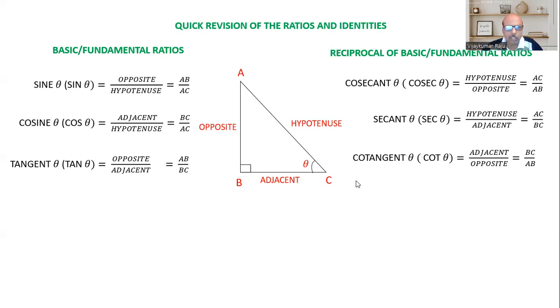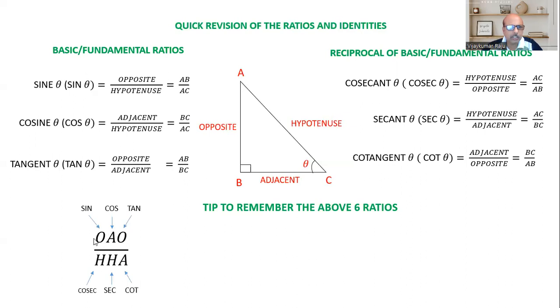Now, how do we remember these six ratios? I have framed it like this. If you go from top to bottom, it is sine, cos, tan. From bottom to top, it is cosec, sec, cot.